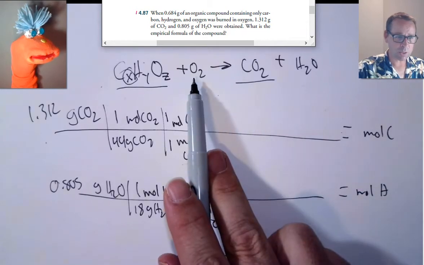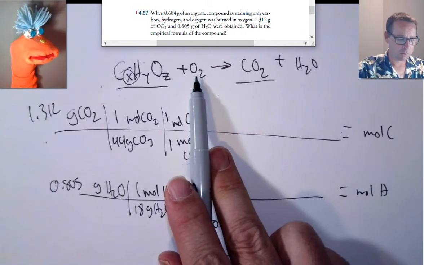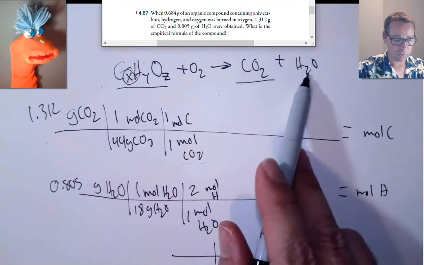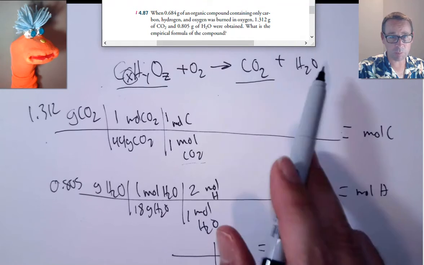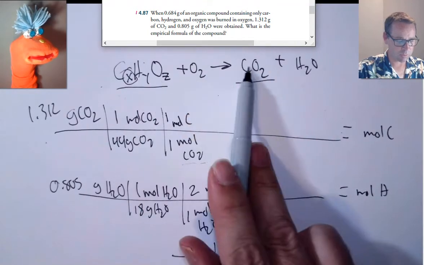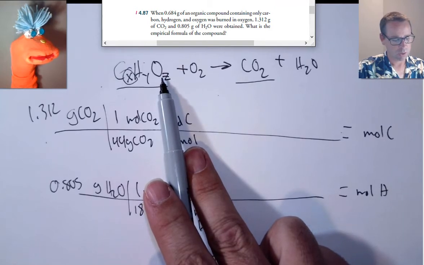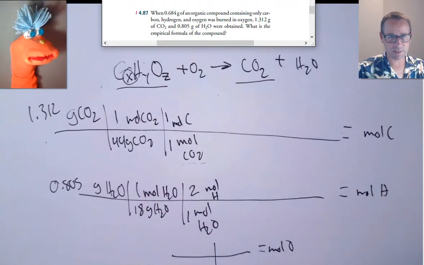Well, the problem is here, the amount of oxygen that you add here doesn't end up here or there, or even it could end up on both, or some of these oxygens could have been this oxygen here, and we don't know how much oxygen we added here. And so we can't relate it as easily.